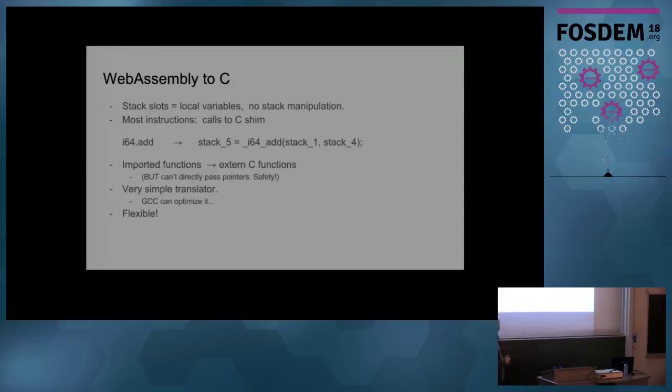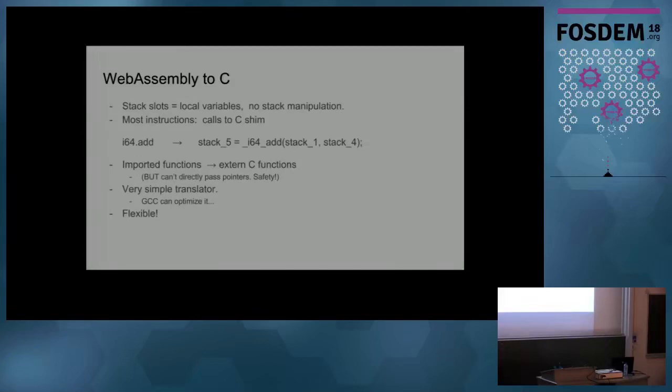That function, you can define it any way you want. You can make it an inline function in the same module as the generated code, for example, so that the compiler inlines it. And imported functions get translated to external C function calls, so you can easily call functions. Basically, any API you want to expose, you can expose with C code.